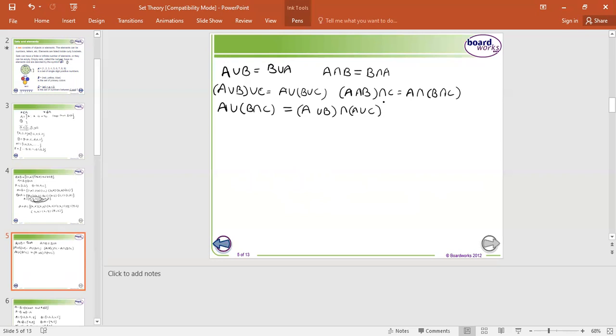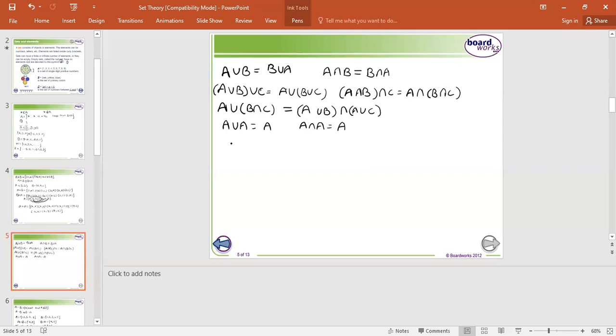Now, idempotent laws. Okay, that is A union A will be the same A, and A intersection A will be A. Then De Morgan's law.